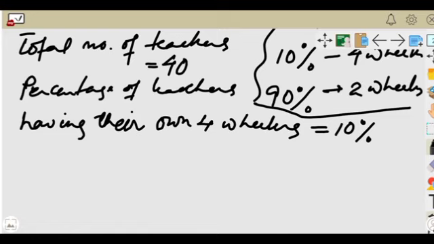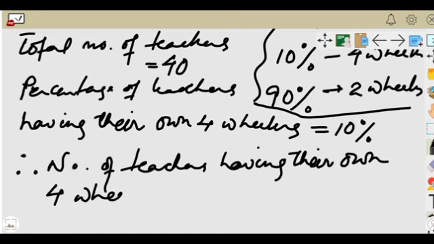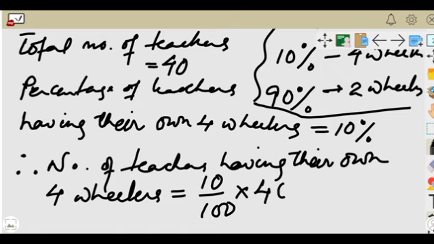Therefore, number of teachers having their own four-wheelers equal to 10%. 10% means it's nothing but 10 by 100. So what is the total number of teachers? It's 40. So then we can say like this: 0, 0, and then next 0, 0.